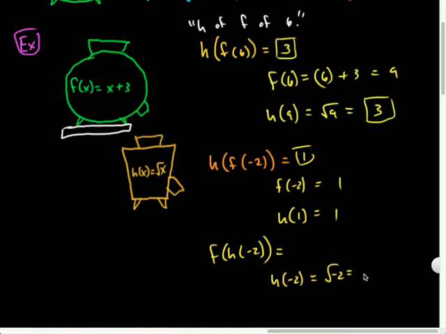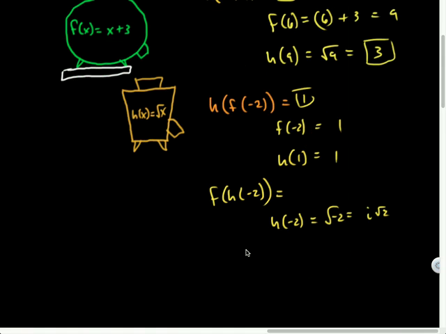So that would just be i square root of 2. Then I'd have to plug that into the f machine, and I'd get i square root of 2 plus 3, or 3 plus i square root of 2 is probably the better way to write that. But we would just call that, uh-oh, I broke the machine. That would just be real bad news.